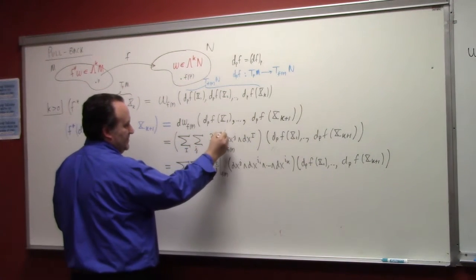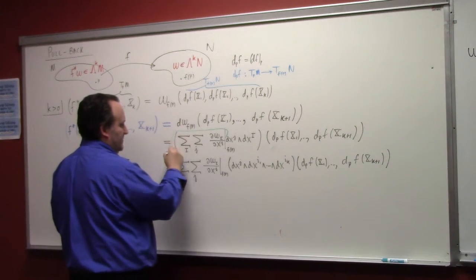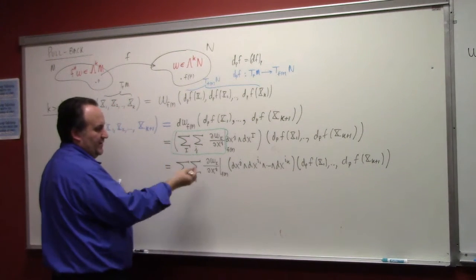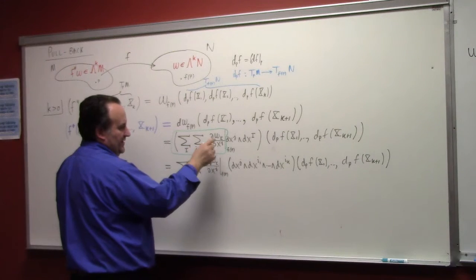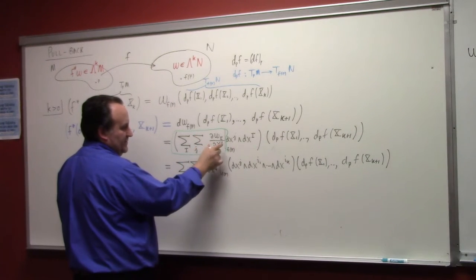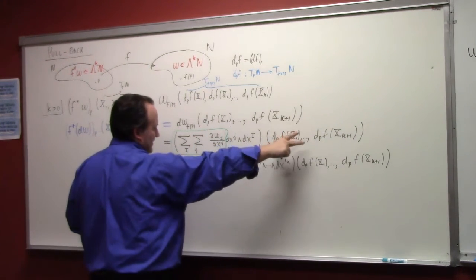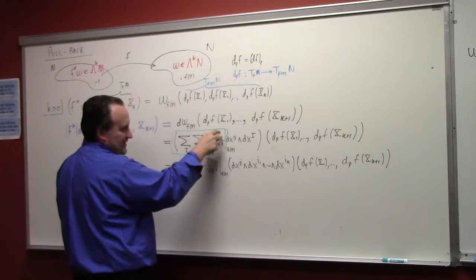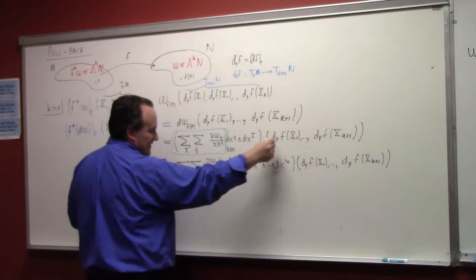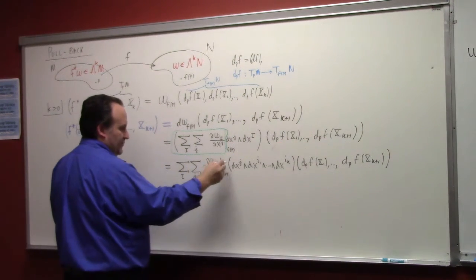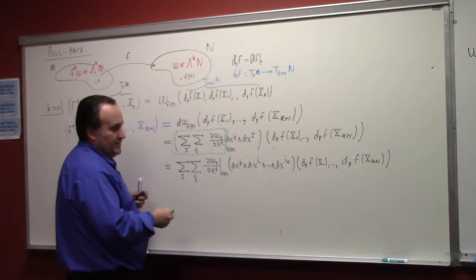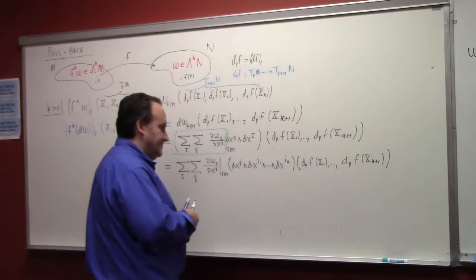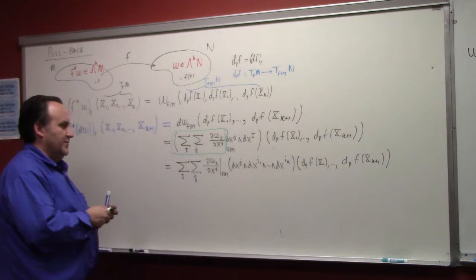I'm using a property of the sum, but for each term in the sum we have this acting on that, and we can just pull that out because this doesn't actually engage in the operation of these on that. So I can just pull this out like that, and then I just have to think about how that works, right?